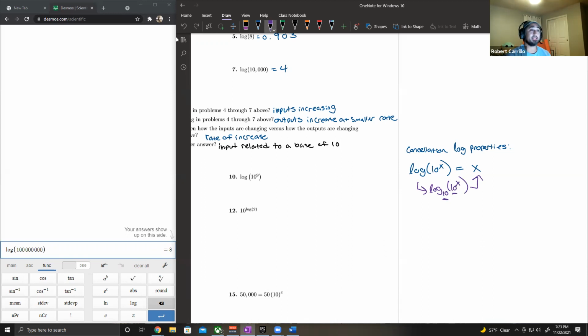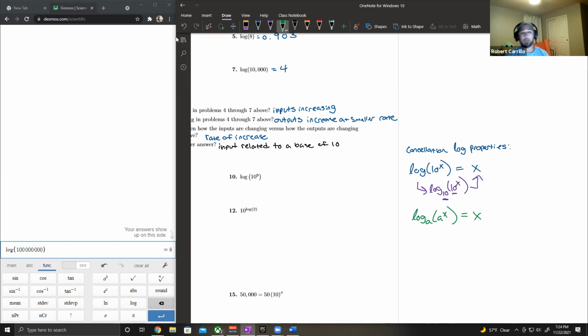And again, this can work for any logarithm. Let's say we had log base a of a to the x. As long as the base of the log matches the base of the exponential function, they will cancel each other and leave you with just x.